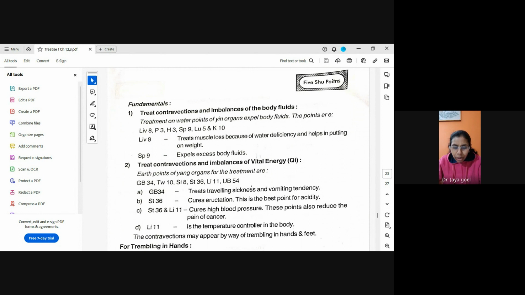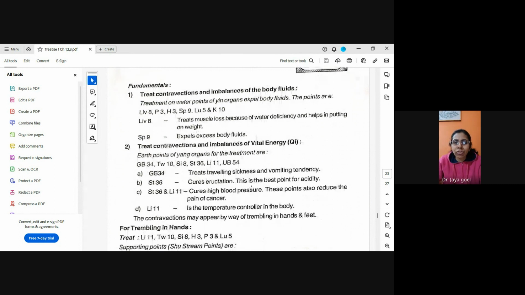And GB34 is treated for traveling sickness. When some people travel for a long time, they get sickness and feel a vomiting tendency. For that we give GB34.